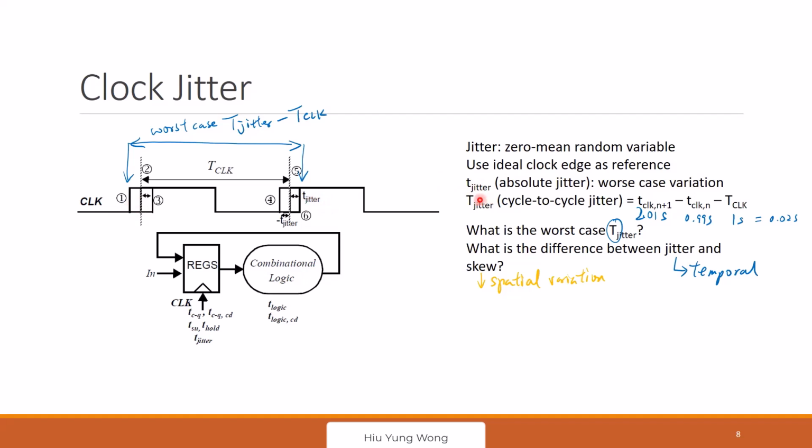This is lowercase t jitter later, right? So the worst case is going to be 2T jitter. Make sense? Is that okay?